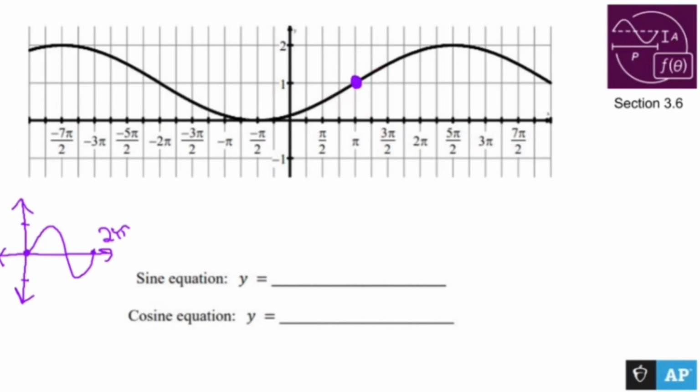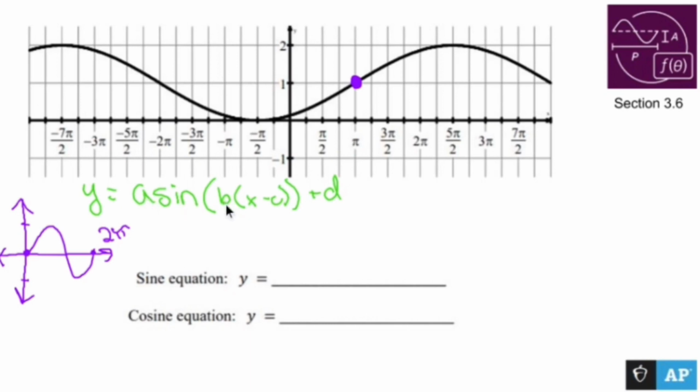So now what I'm also going to do is write out the general form for a sinusoidal function when using sine. That form is y equals a times sine of b times x minus c, close it, plus d. A is the amplitude, pretty easy to find, generally speaking.